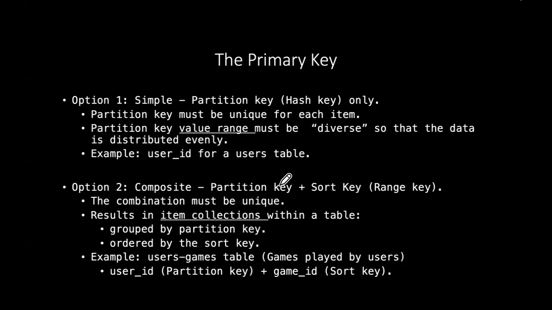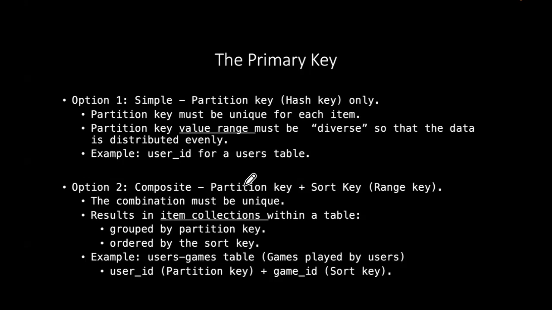So clearly you have to decide what should be the sort key and what should be the partition key. Partition key still has to have a broad range of values. What I'm saying here is that if we have a table that has this composite key approach, it means that you will have a number of items in a table that have the same partition key value, but they will have different sort key values.